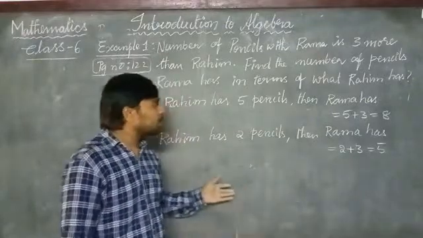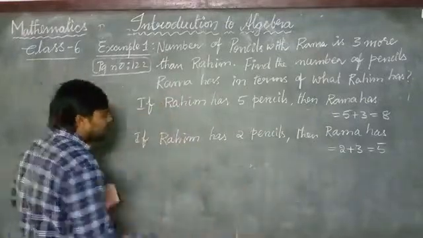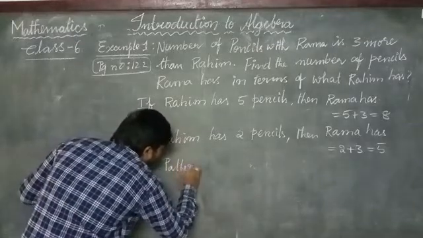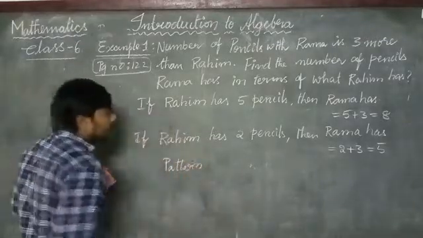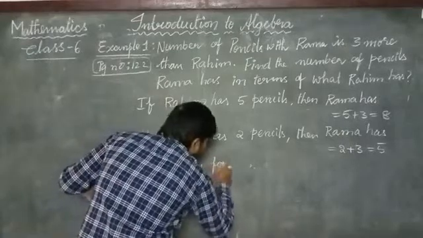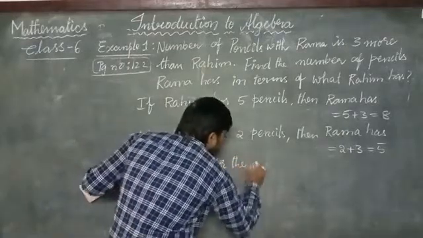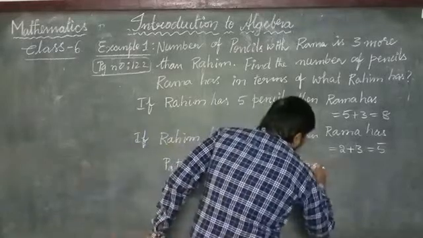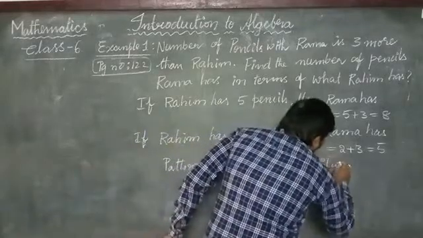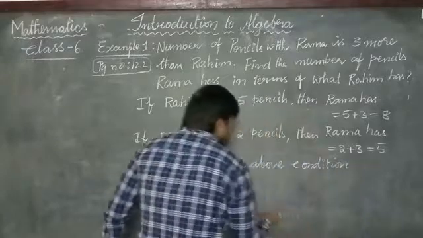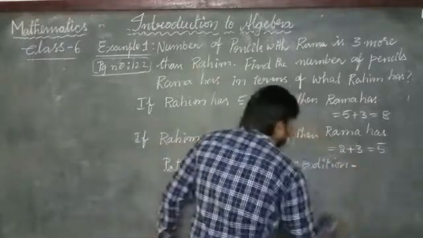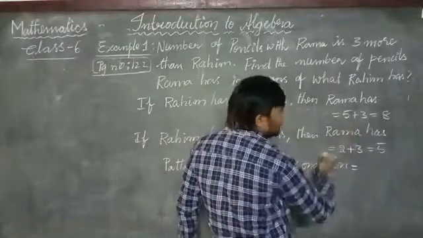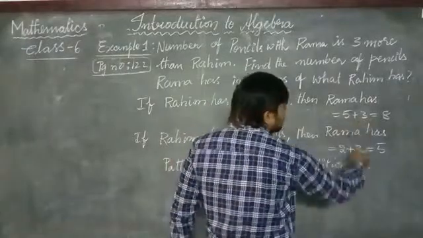For this we can write the pattern. The pattern for the above condition: here 2 and 5, the first value, is changing, but the 3 is not changing.